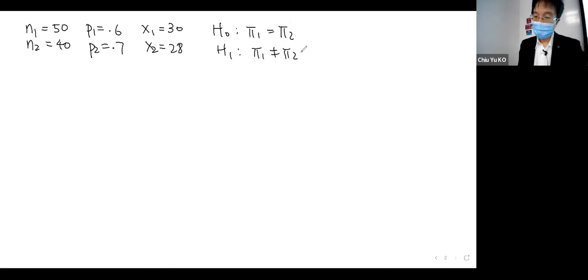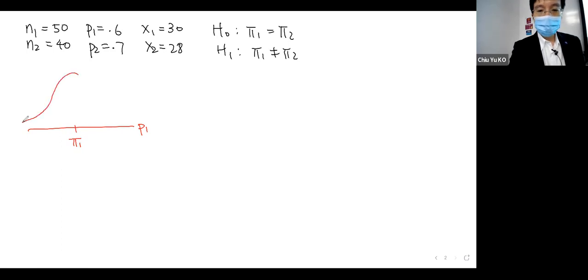Let us check how we are going to proceed. What we have here is P1, the sample proportion. When n is big enough, you expect a bell curve.